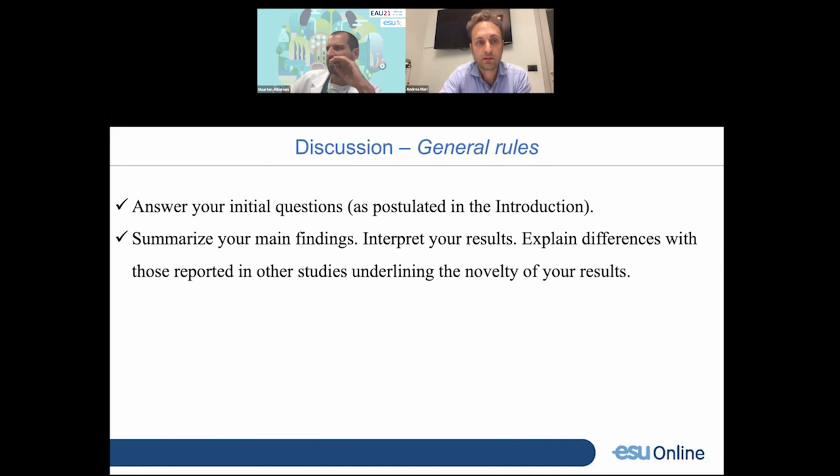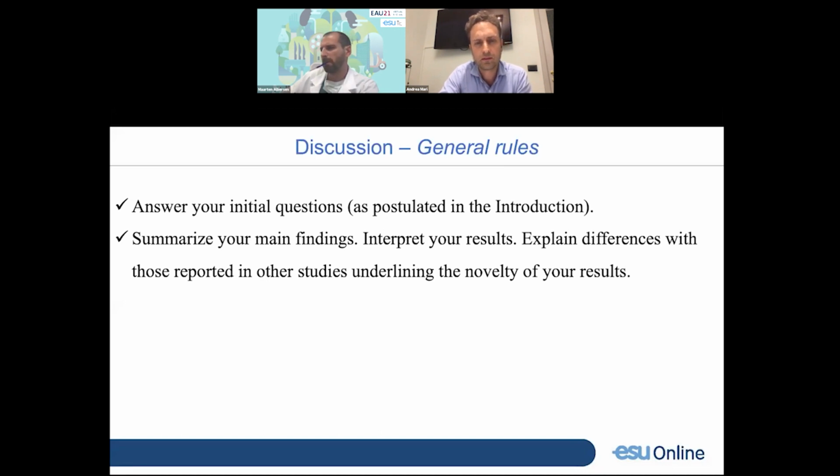Then, in the intermediate section, authors should summarize the main findings, then interpret the results and explain the differences of our results with those reported in other studies, underlining, if possible, the novelty of our results. This point can be repeated according to the number of the most important findings in our study.